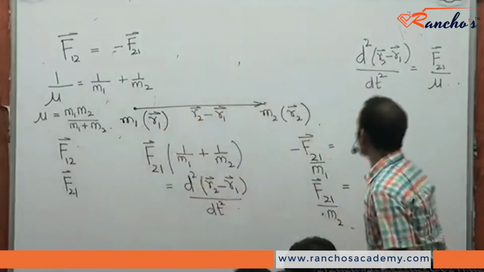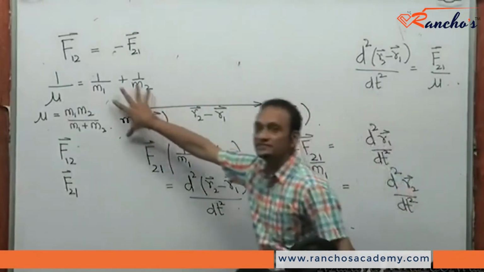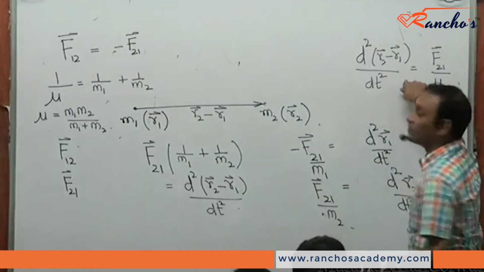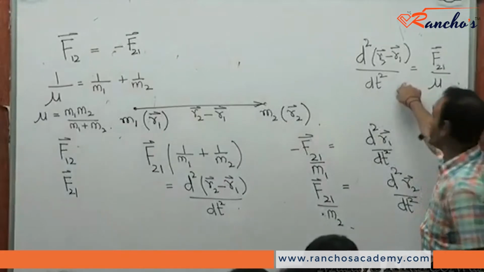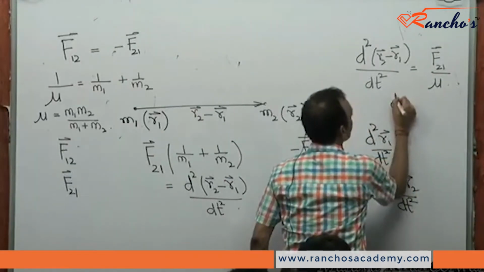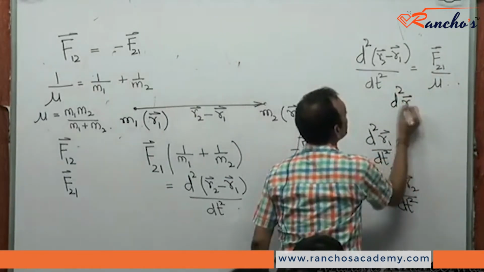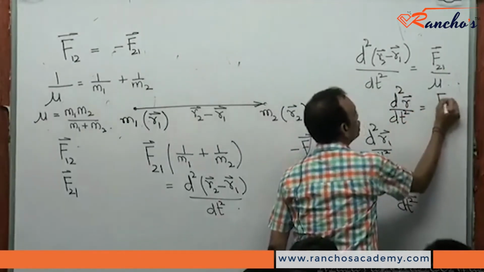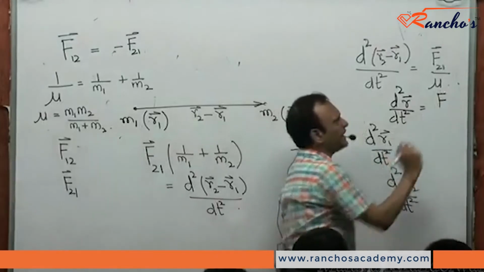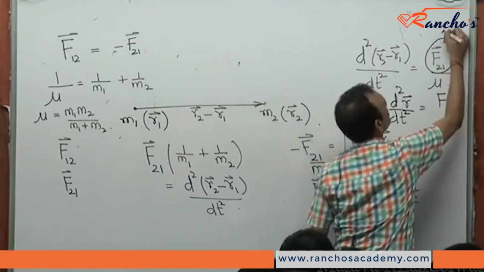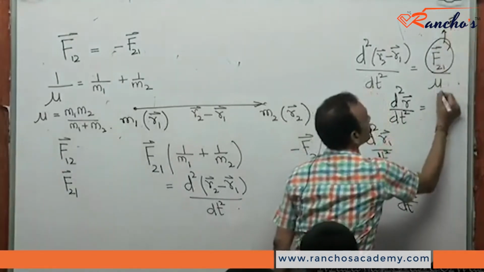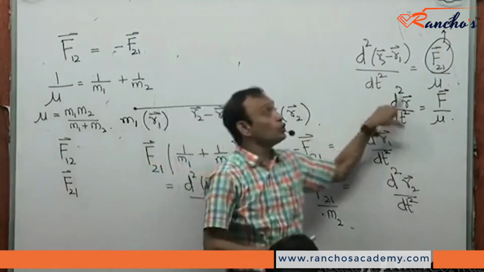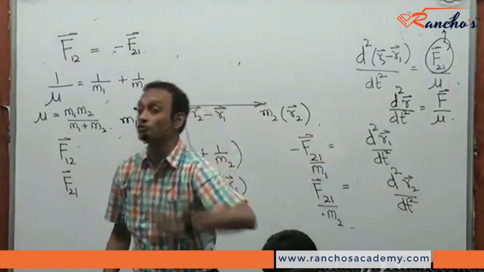That means as if 1 is fixed and 2 undergoes a motion given by this, where d2r/dt2 is force on 2, let me simply write F, divided by mu, the reduced mass of the system, where r is the position vector of 2 with respect to 1.